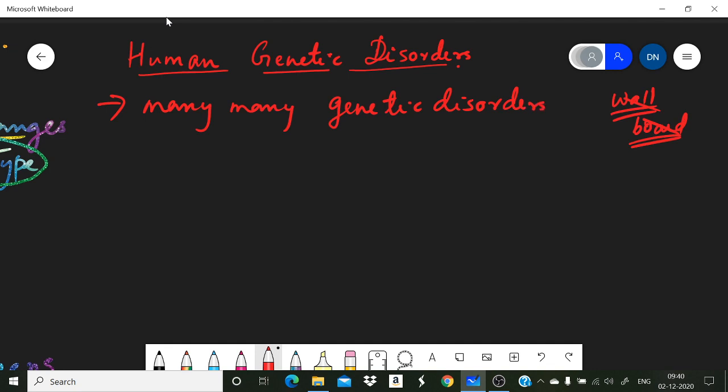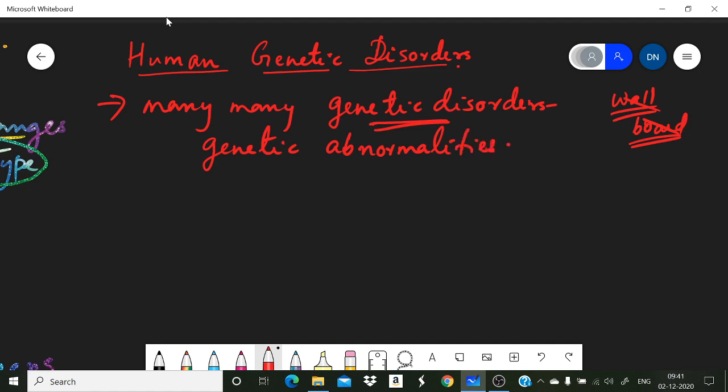You might have heard about Down syndrome, mental retardation, and so on. All these are genetic disorders, the disorders which are caused by genetic abnormalities.